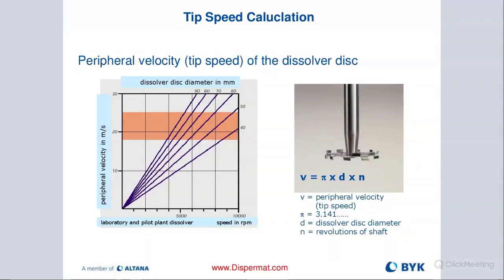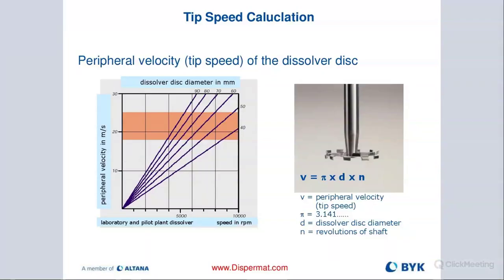Now, on all of our newer models, the Dispermat CV3 Evo, the new lab model, as well as all the other ones, the new CN, and of course the AE, which is our flagship model, they will now automatically calculate the tip speed for you, so you don't have to do it anymore.